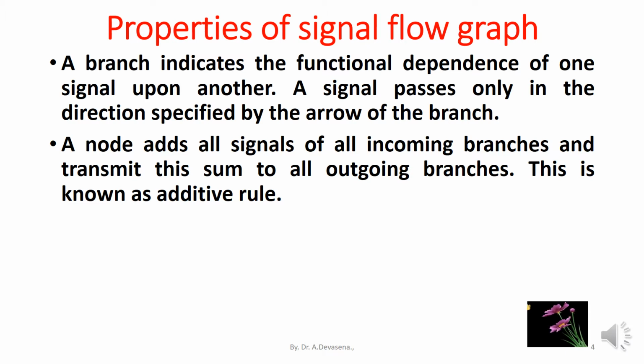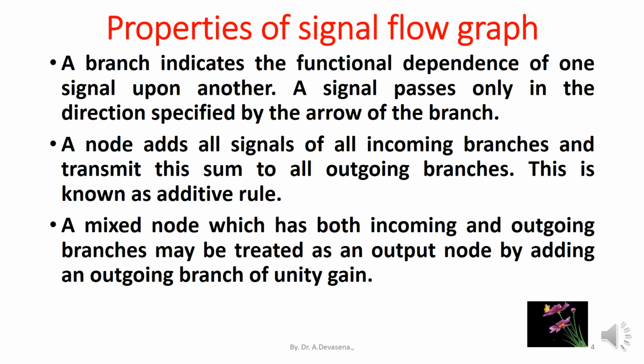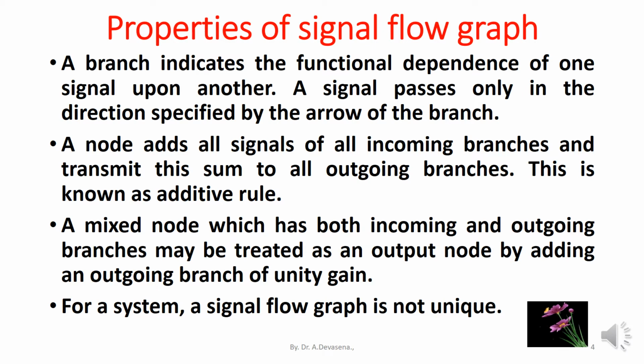This is known as the additive rule. A mixed node which has both incoming and outgoing branches may be treated as an output node by adding an output branch of unity gain. For a system, a signal flow graph is not unique.